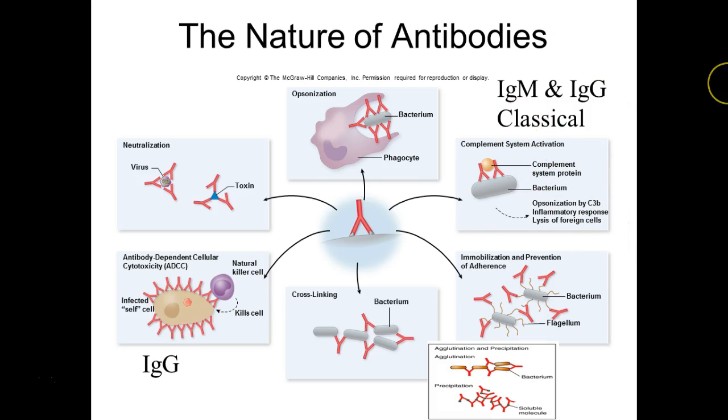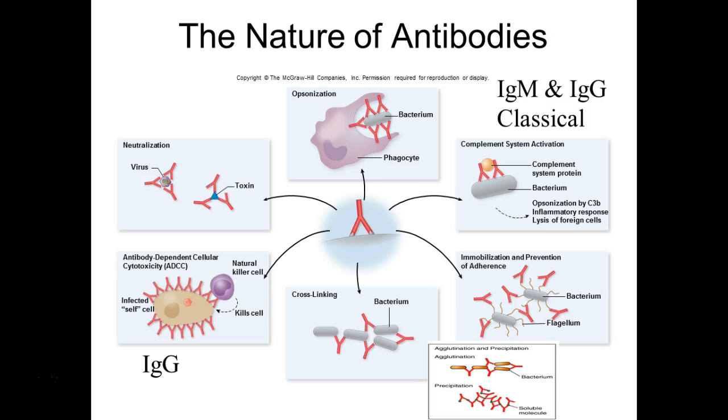And there are two complement proteins that you need to know that are directly related to inflammation. Do you guys remember what they are? C3a and C5a. And then lysis of foreign cells, what causes that? What's the name of that group of proteins that inserts into the membranes?